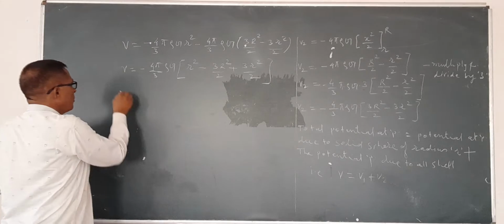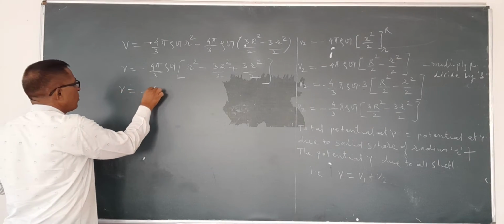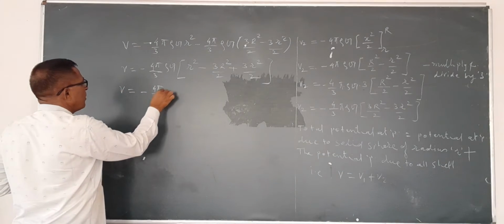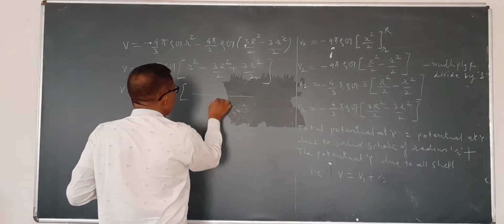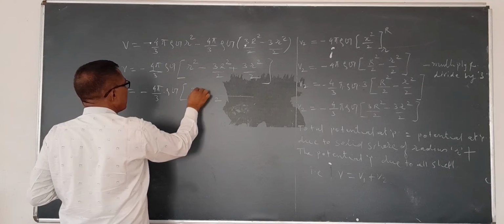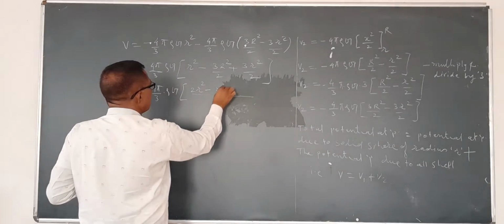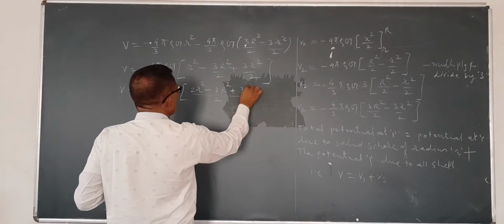Therefore, again we can write minus 4 pi by 3 rho g into the bracket, taking LCM 2: 2r square minus 3r square plus 3r square.